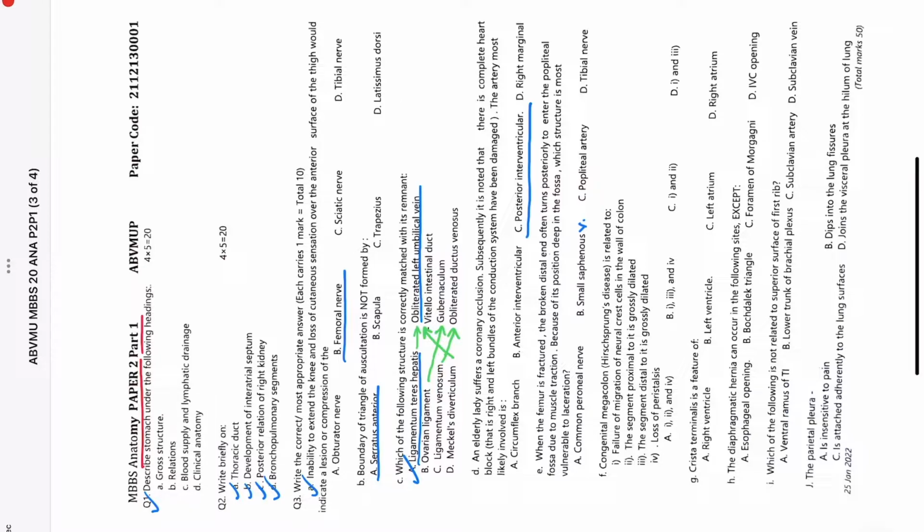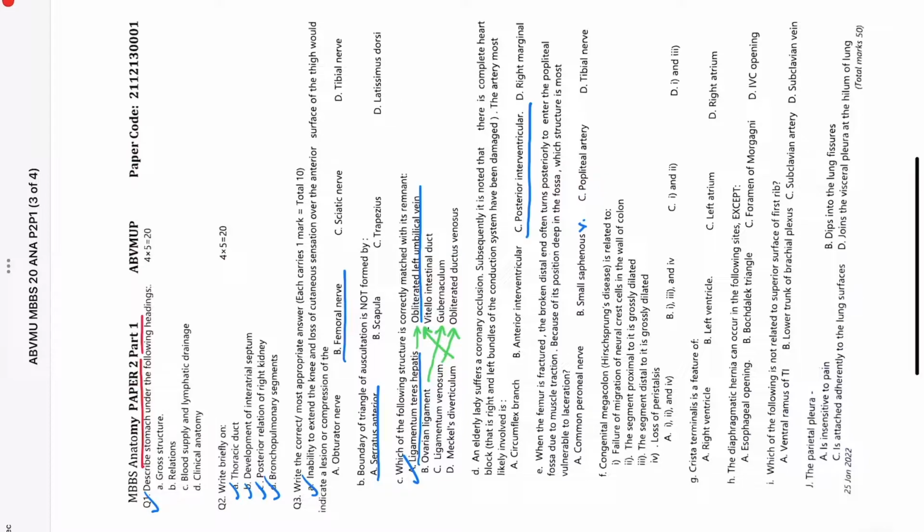The purpose of this question is: what is the deepest structure in the popliteal fossa, or what they want to ask is which structure is in intimate contact with the bone in the popliteal fossa. That's why there are chances of laceration of that structure in case of fracture of the femur.